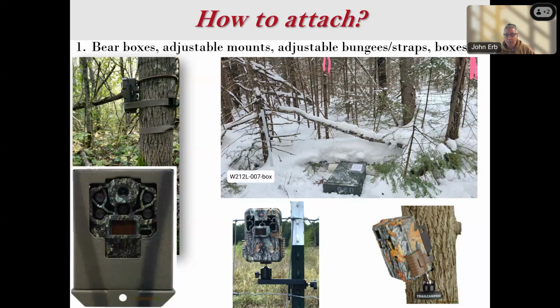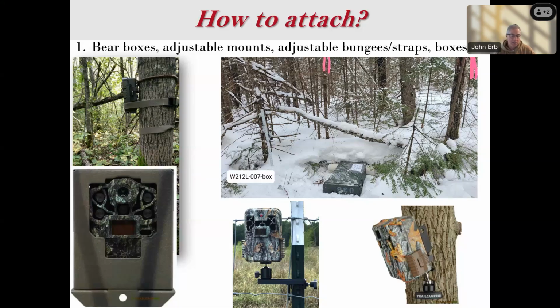You can see in the bottom center and bottom right there are also specialty brackets that allow you to attach cameras to a fence post or a tree, which then allows you to tilt it up and down more easily. The bottom left you can see is a camera inside a metal bear box. We'll talk about bears several times, but bears are notorious for finding and disturbing cameras.